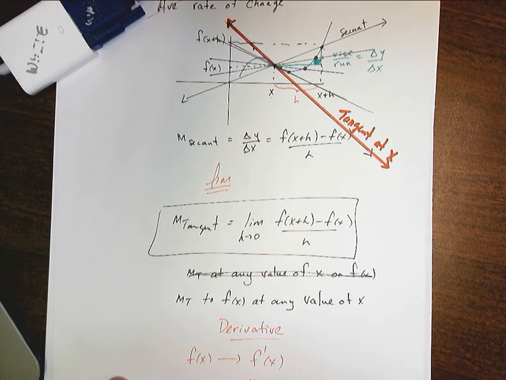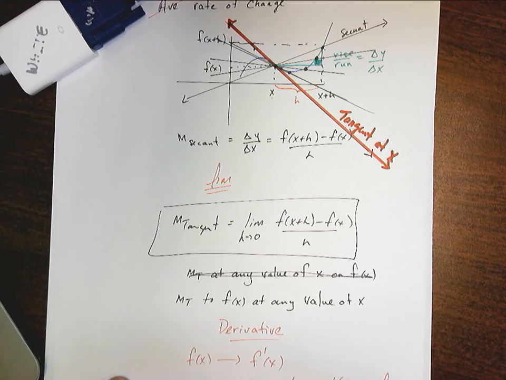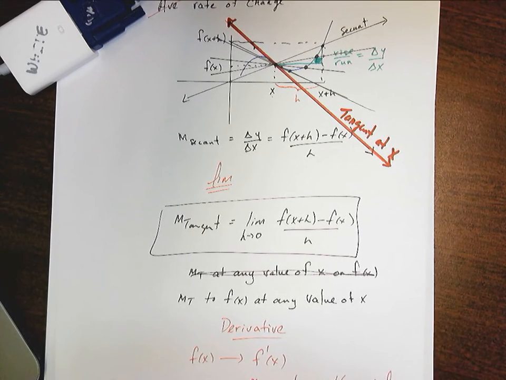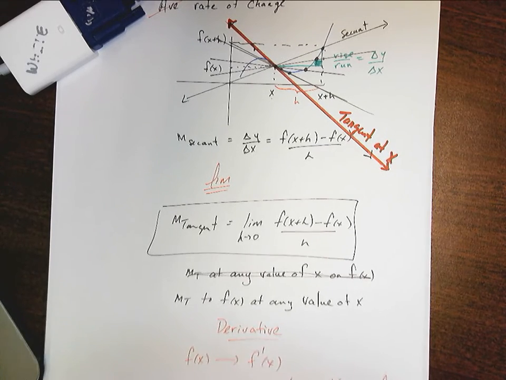The slope of the tangent anywhere on the original function f of x. That's what the derivative does. It gives you the slope of the tangent anywhere. It doesn't give you the tangent line. It's not the tangent line. It is the slope of the tangent.